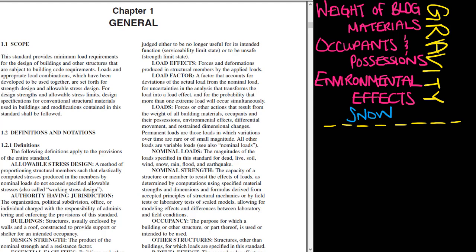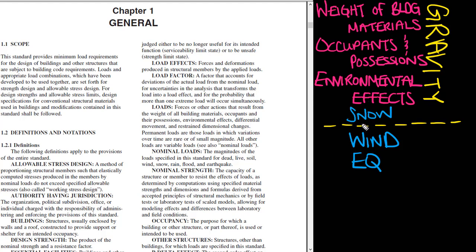But of course, there are also environmental effects that don't relate directly to gravity. For example, wind loads are caused by changes in fluid pressure, and when that pressure hits the side of the building or pulls on other parts of the building, that creates a load. Earthquakes also create loads on a structure, but earthquakes are fundamentally very different from wind loads, and we'll talk about that more next week.